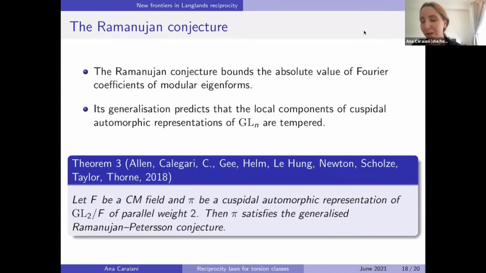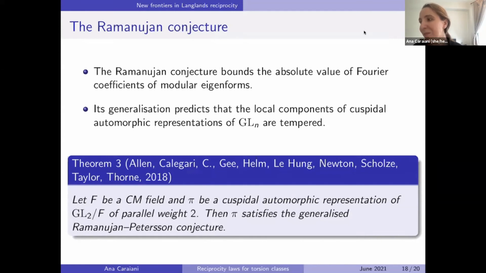Another application that we obtained is on the Ramanujan conjecture. This bounds the absolute value of Fourier coefficients of modular eigenforms. This was formulated maybe 100 years ago by Ramanujan for a particular modular form, and then later generalized to all modular forms, known as the Ramanujan-Petersson conjecture, and then reinterpreted in the setting of automorphic representations for, say, GL_N.